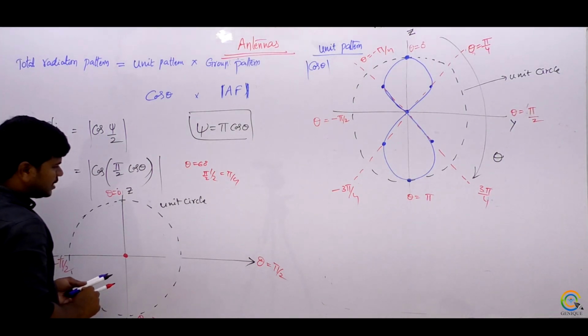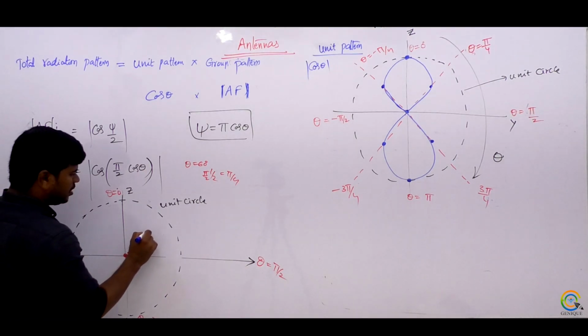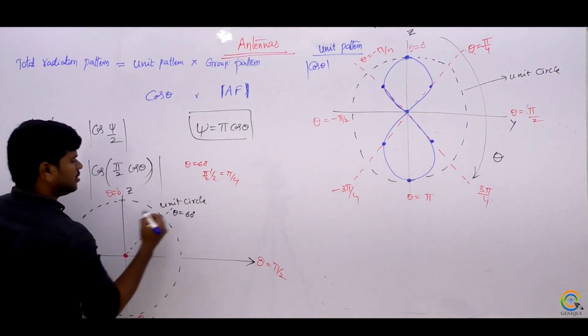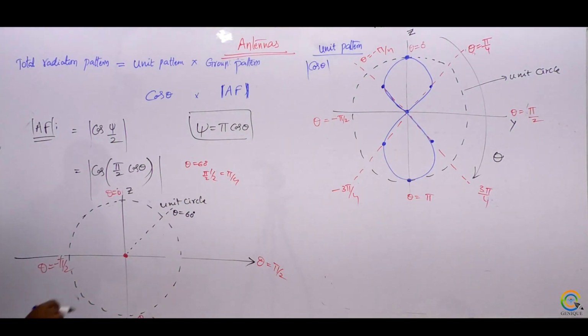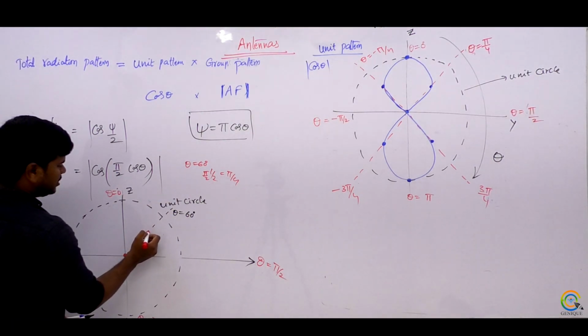So 1 by root 2 in this direction, at theta equals 60 degrees. The amplitude is some 1 by root 2. Let us suppose this value is 1 by root 2.